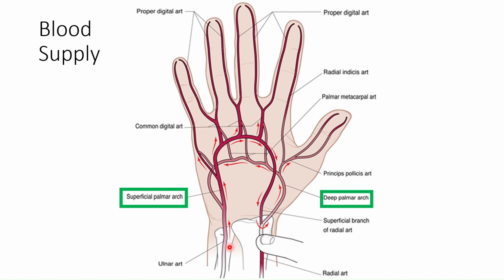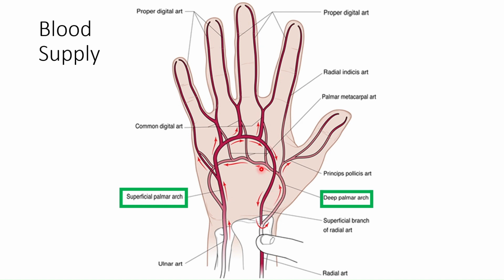The ulnar artery travels next to the ulnar nerve through Guyon's canal, mentioned previously. The ulnar and the radial arteries arch together in the palm to supply blood to the palm and to the fingers.